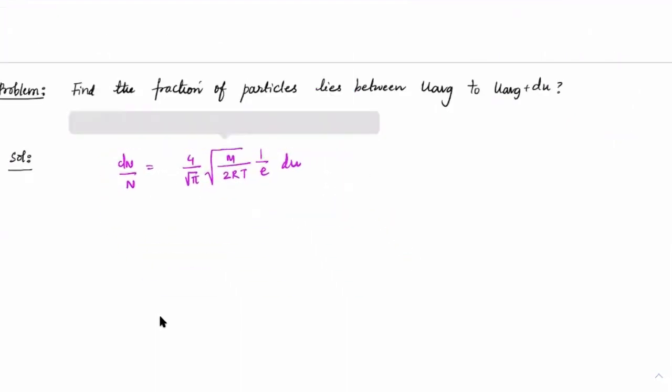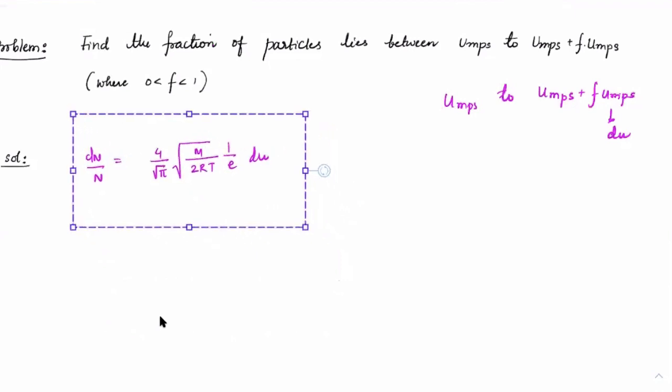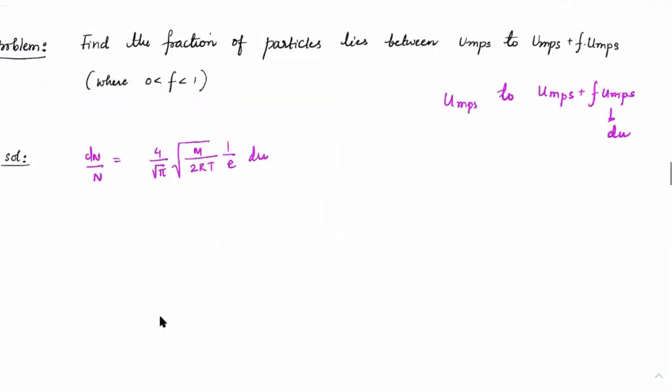After solving everything, let us imagine we got till this point. Now instead of this du, I have to replace it with f times u mps. Everybody got this point? This f is a fraction between 0 and 1. So I will write this as 4 by root pi into m by 2 RT, multiplied by 1 by e into f into u mps. U mps is the square root of 2 RT by m.